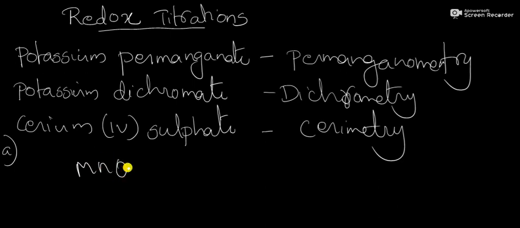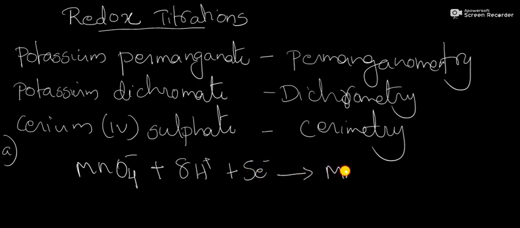MnO4 minus, that is our permanganate ion, plus 8H plus plus 5 electrons gives Mn2 plus plus 4H2O. Here the electrode potential is plus 1.51 volts.